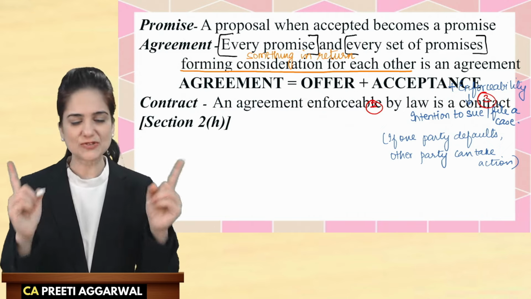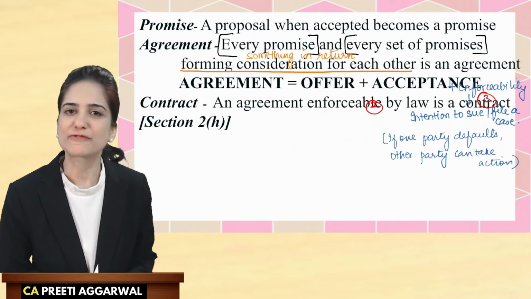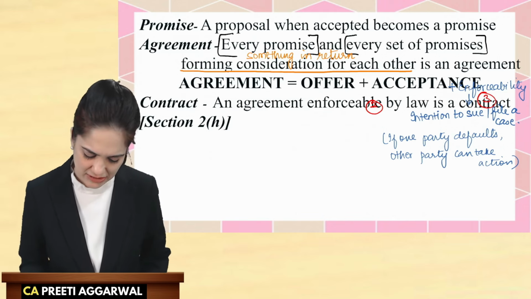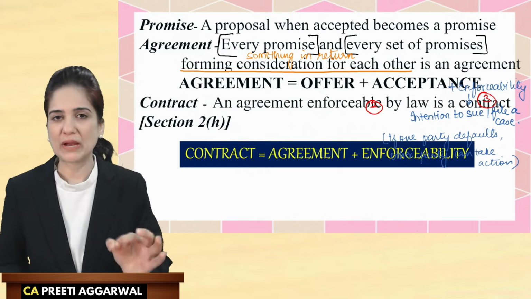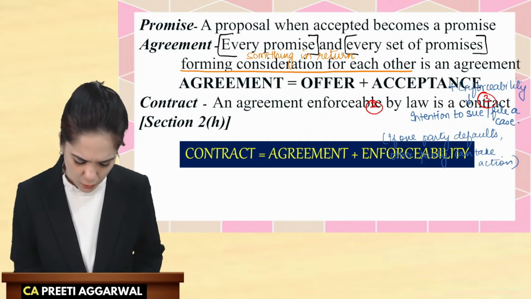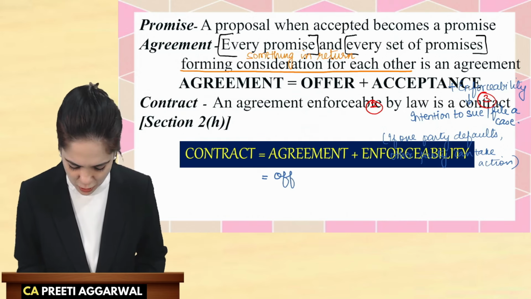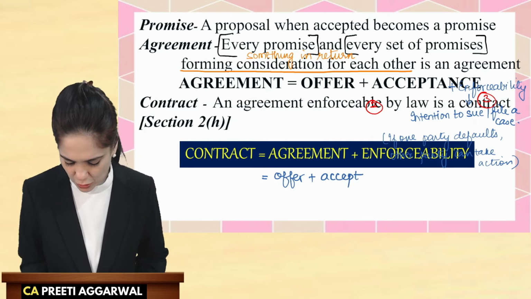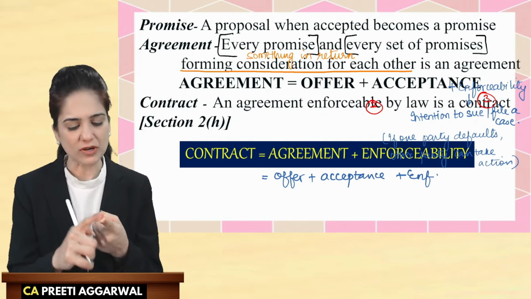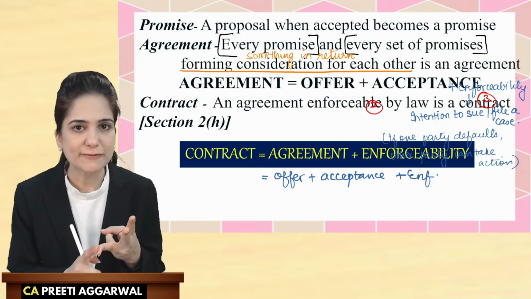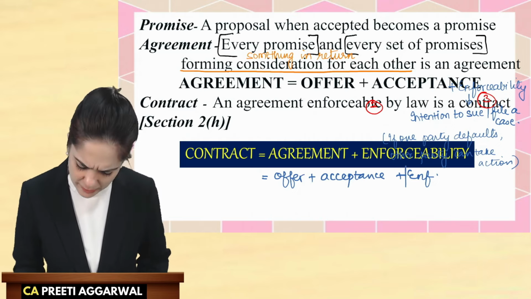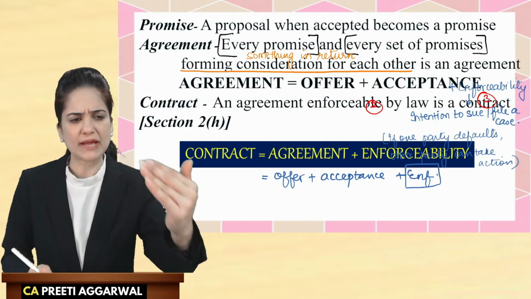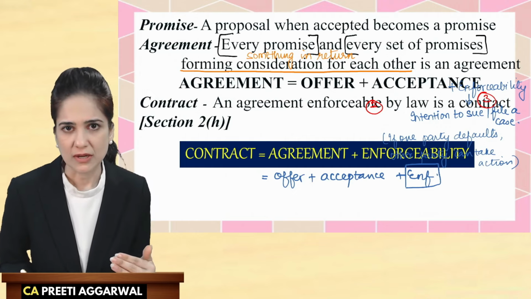When all these three elements they come together, it forms a contract. Contract is nothing but agreement plus enforceability. What is an agreement? It is offer plus acceptance. So, can I say that contract is nothing but offer plus acceptance plus enforceability? Enforceability is something which distinguishes agreement from contract.